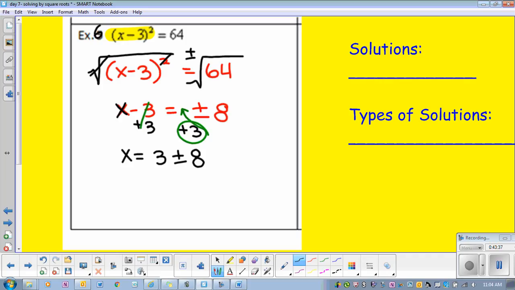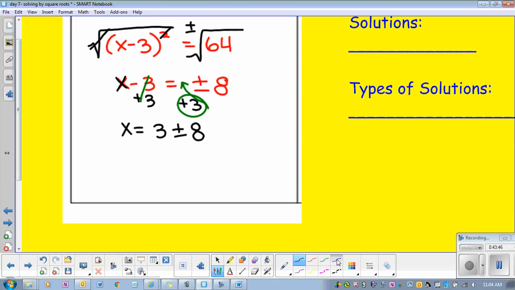But hold on. Do I just leave it like that? It's all real numbers. You can combine them. Guys, this means you have 3 plus 8 and 3 minus 8. You're just simplifying. What is 3 plus 8? 11.